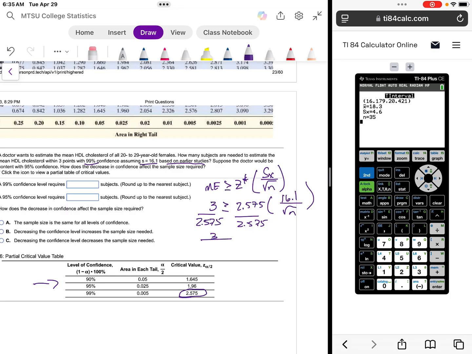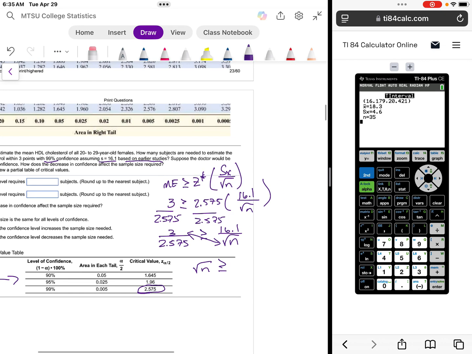I get 3 over 2.575 greater than or equal to 16.1 over square root of n. Again, I'm going to trade places with the square root of n and the fraction. So the square root of n has to be greater than or equal to 16.1 divided by 3 over 2.575. And then lastly, we're going to square both sides, and that gives me what n needs to be.